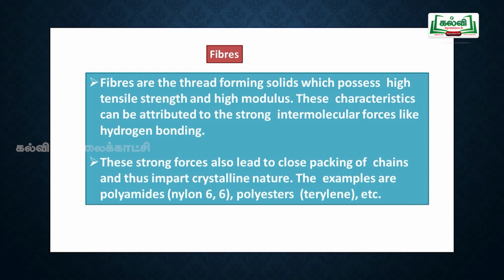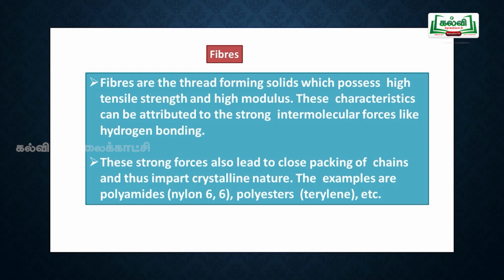The fibers are thread-forming solids which possess high tensile strength, because the intermolecular force leads to close packing of chains and imparts crystalline nature. So remember, examples for fibers are nylon 66 and polyester, also called terylene or dacron.